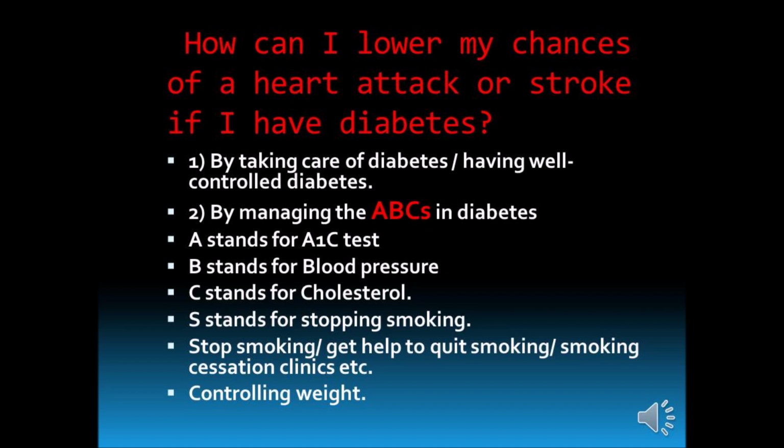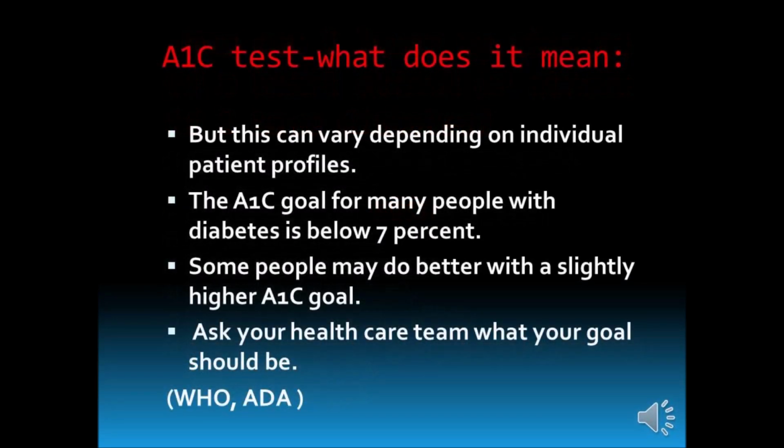A stands for A1C test, B stands for blood pressure, C stands for cholesterol, S stands for stopping smoking. Well, you could stop smoking by getting help to quit smoking, by attending smoking cessation clinics, etc. And of course, by controlling weight. So, by now you have understood the ABCs of controlling diabetes.